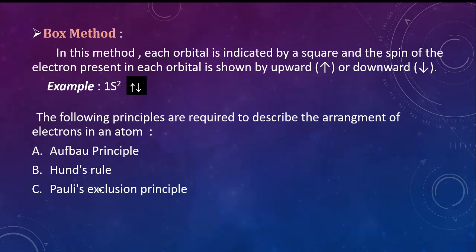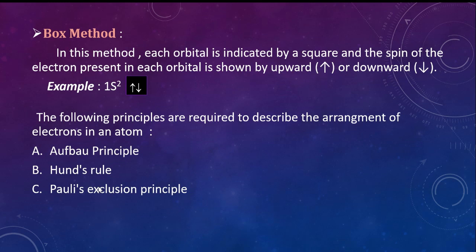Then the other type is the box method. In this method, the orbital is indicated by a box, where we know that an orbital can occupy only 2 electrons. The electron spinning in the clockwise direction is given as an up arrow, and the electron spinning in the anti-clockwise direction is given as a down arrow.